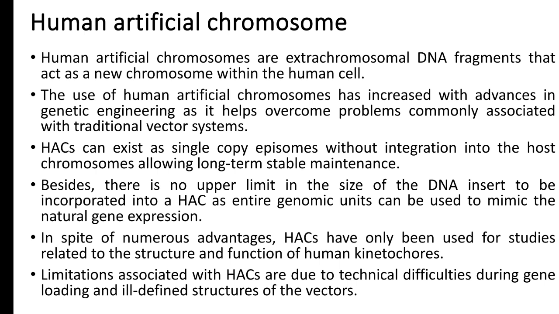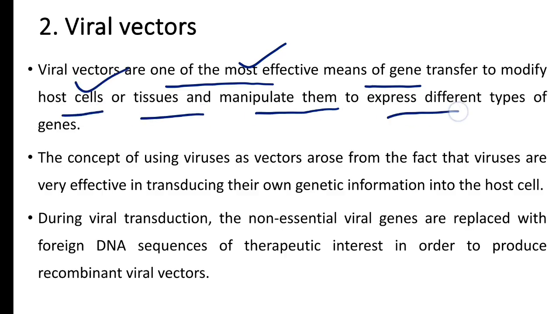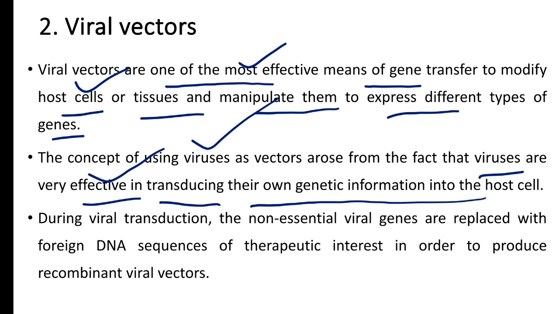Next is viral vectors. Viral vectors are one of the most effective means of gene transfer to modify host cells or tissue and manipulate them to express different types of genes. The concept of using viruses as vectors arose from the fact that viruses are very effective in transducing their own genetic information into the host cell.